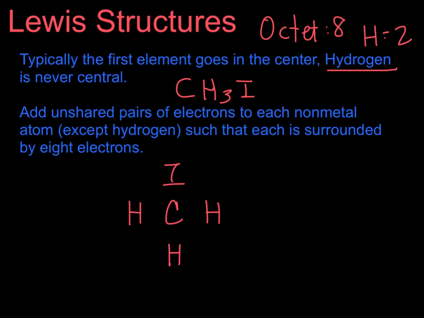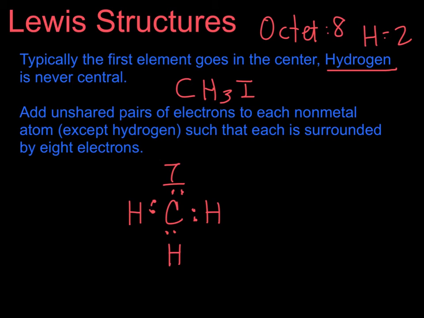Carbon has 4 valence electrons, and hydrogen has 1. So each hydrogen is going to share a valence electron with carbon. Iodine is also going to share. That takes care of carbon's octet, because carbon has 2 electrons here, 2 here, 2 here, and 2 here. So we have 2, 4, 6, and 8 valence electrons.